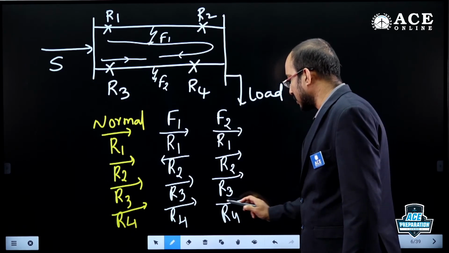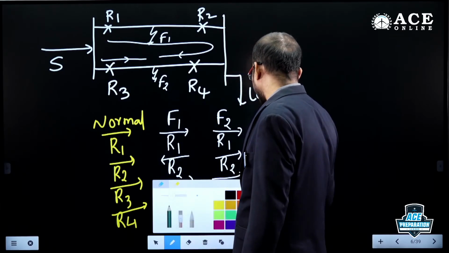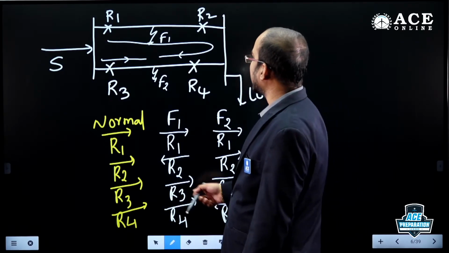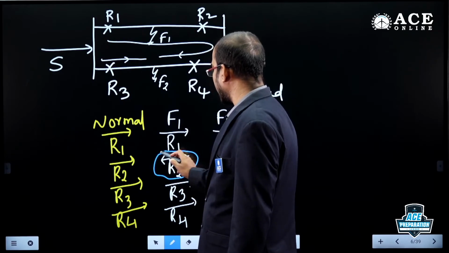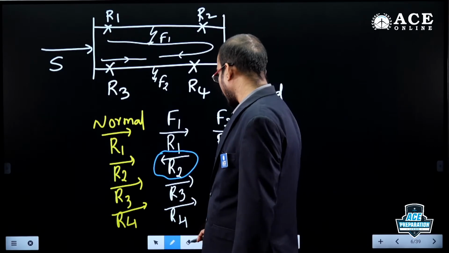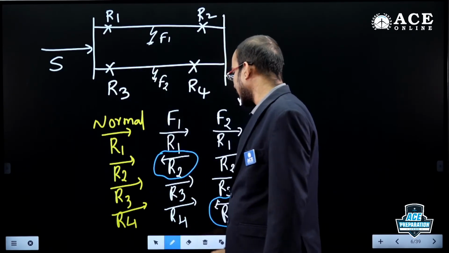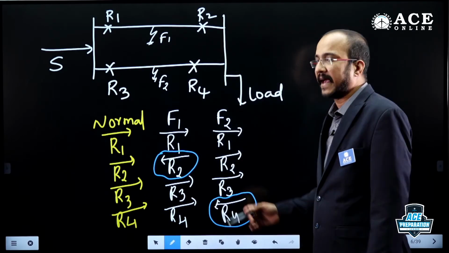direction got reversed. So how do you identify which relay is to be directional and which relay is to be non-directional? As there is a change in direction of current in relays R2 and R4, relays R2 and R4 should be directional relays.